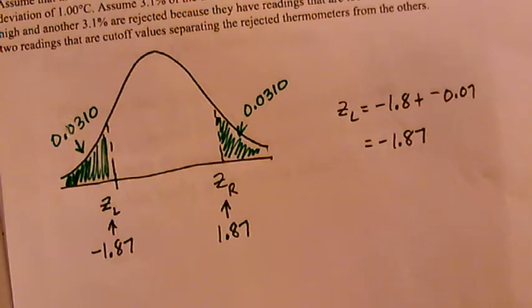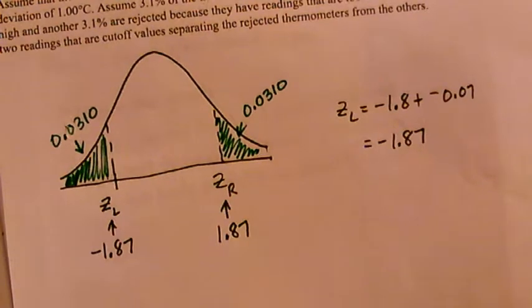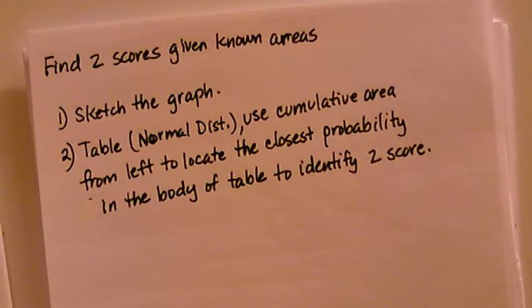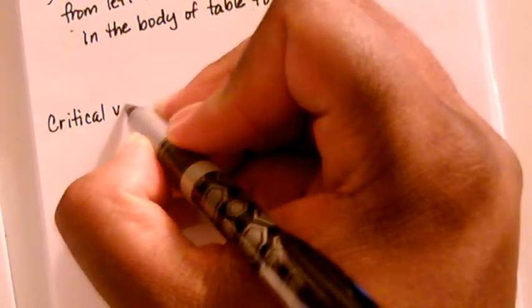Okay, there is one last thing I need to cover out of this particular video, and that's called the critical value. This is an application of finding the z-score when you're given a known area. I'm going to define what a critical value is, and later on in this course you're going to be seeing this term pop up again because you're going to be finding critical values.